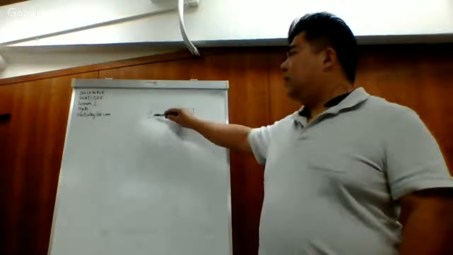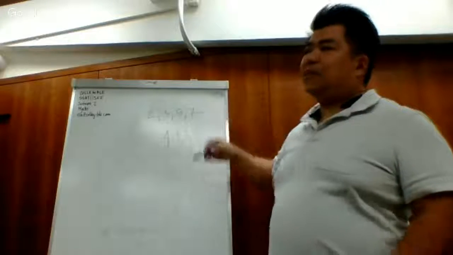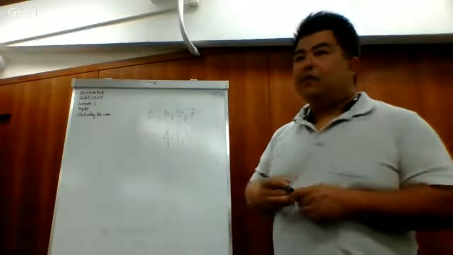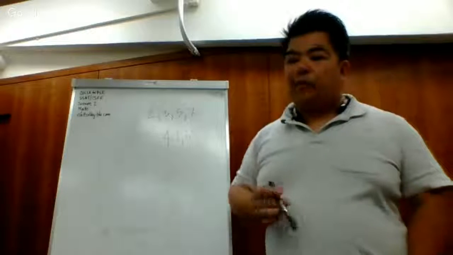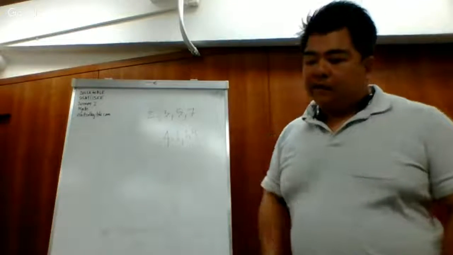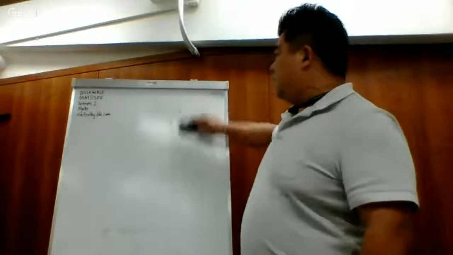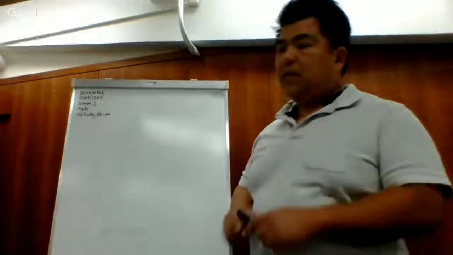This is just 1 and itself, 3 and 1, 5 and 1, 7 and 1. So 1 and itself is basically what we want. So let's look at number 9 here. Ineza, you want to read that for us? Okay.